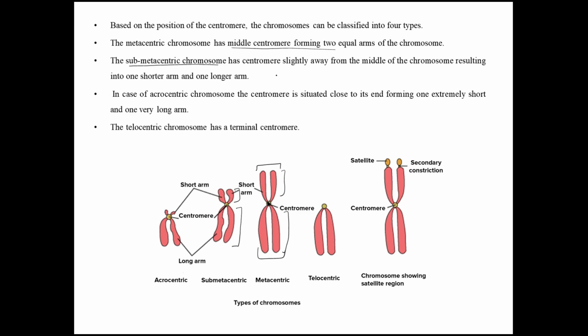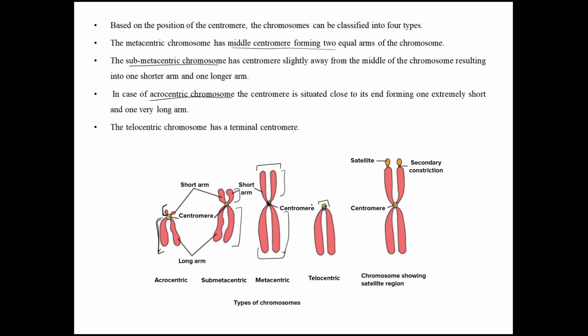In the case of an acrocentric chromosome, the centromere is situated close to the end, forming one extremely short and one extremely long arm. When the centromere is present at the terminal end, it is a terminal centromere, and such a chromosome is known as a telocentric chromosome.